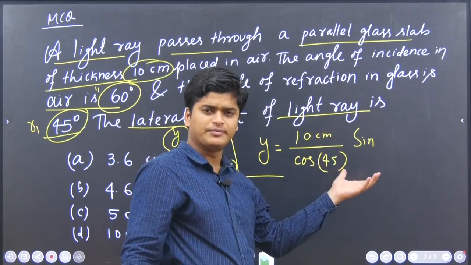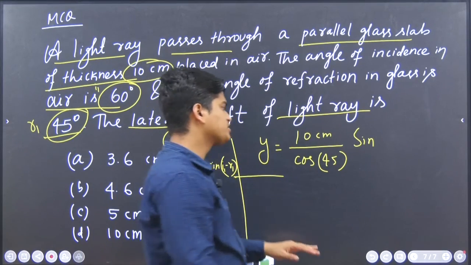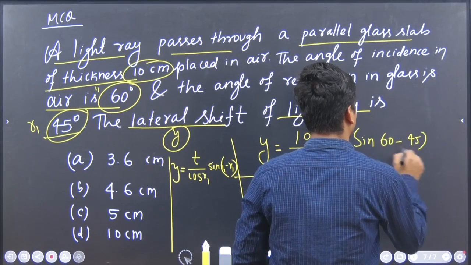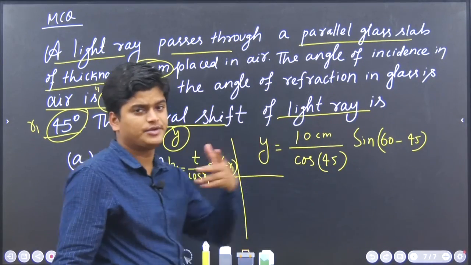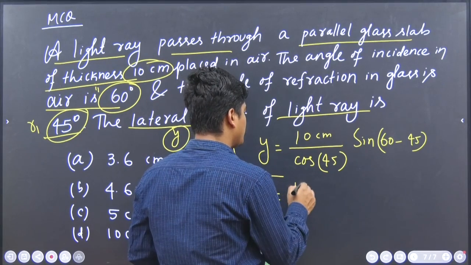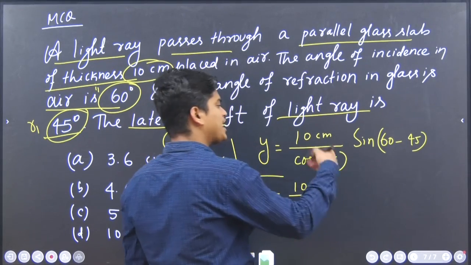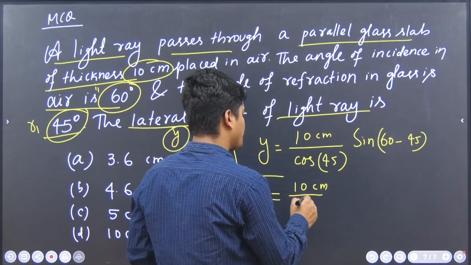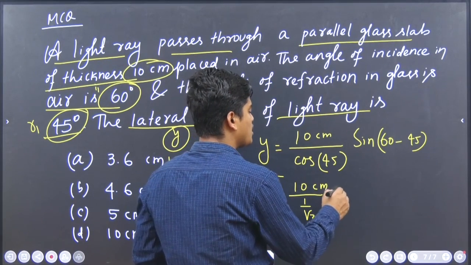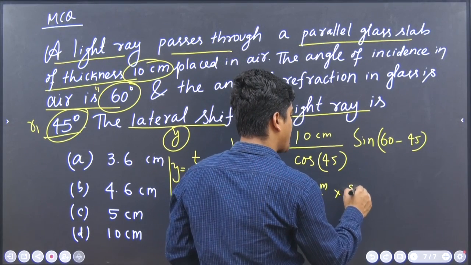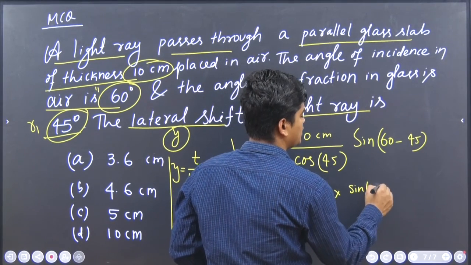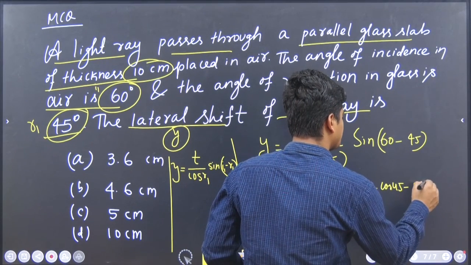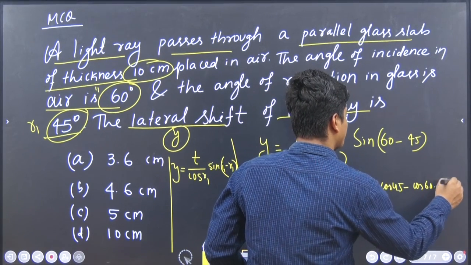If you know the sin 15 value, then you can write it directly. If you don't know the sin 15 value, then you keep sin of 60 minus 45 and apply the sin A minus B formula, then easily you can get it. Here cos 45 equals 1 by root 2, and sin of 60 minus 45 is sin 60 into cos 45 minus cos 60 into sin 45.